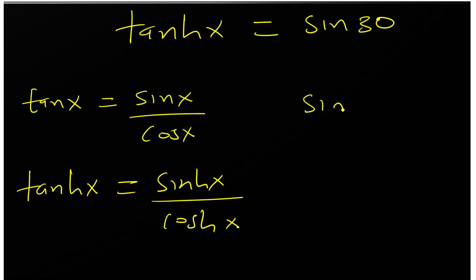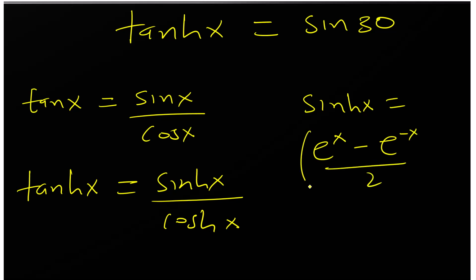And sinh x is the same as e raised to x minus e raised to minus x on 2. This is the same as half of e raised to x minus e raised to minus x.